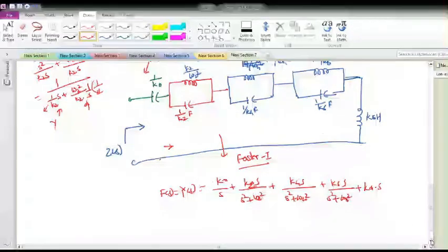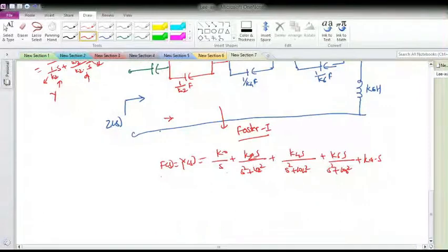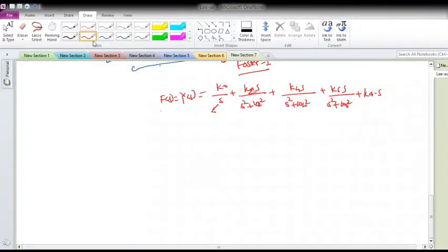So here it is admittance, so what will be this? 1 over SL. So I can draw this, it is nothing but the inductor, which will be in shunt form.